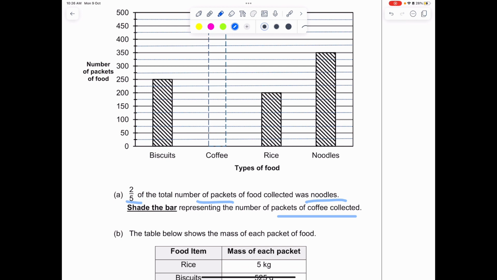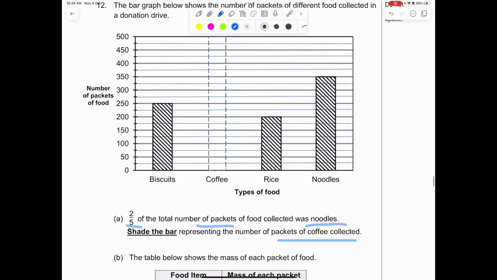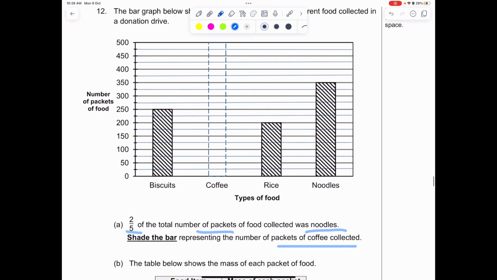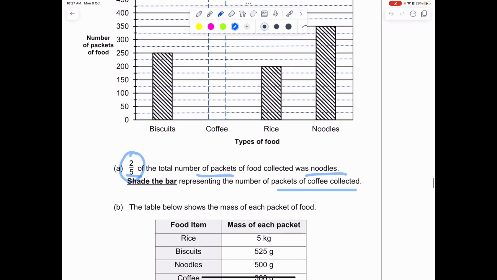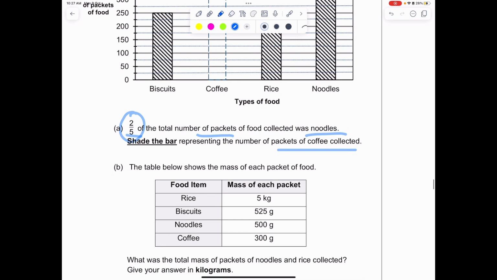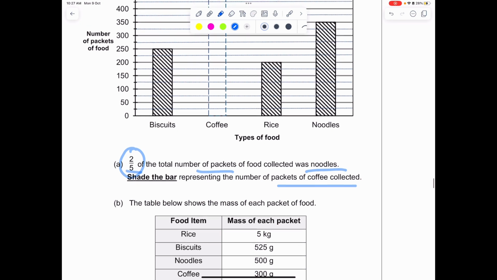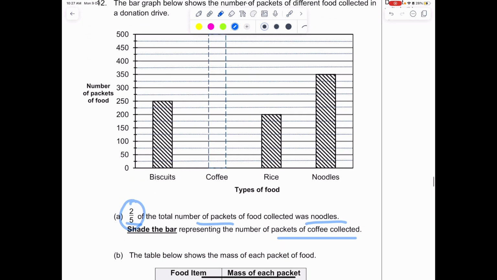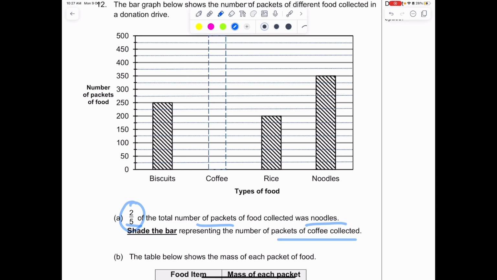Okay, so how do we solve this problem? Now, they told you that 2/5 is actually noodles, right? So you can find out what is 1 unit first. What is 1 unit? So 1 unit in this case is actually 350 divided by 2.